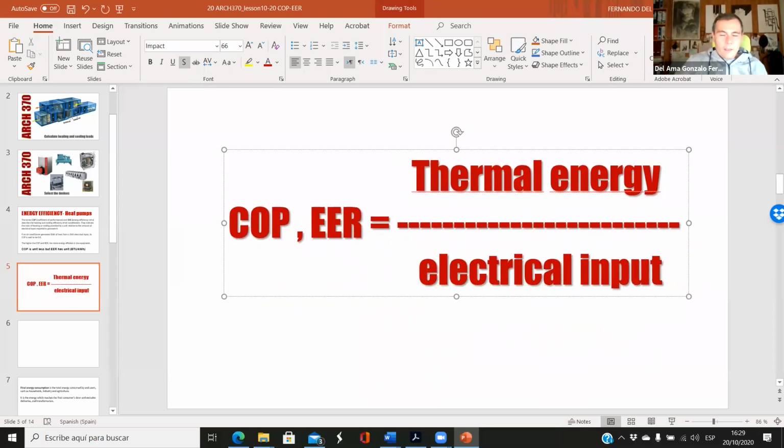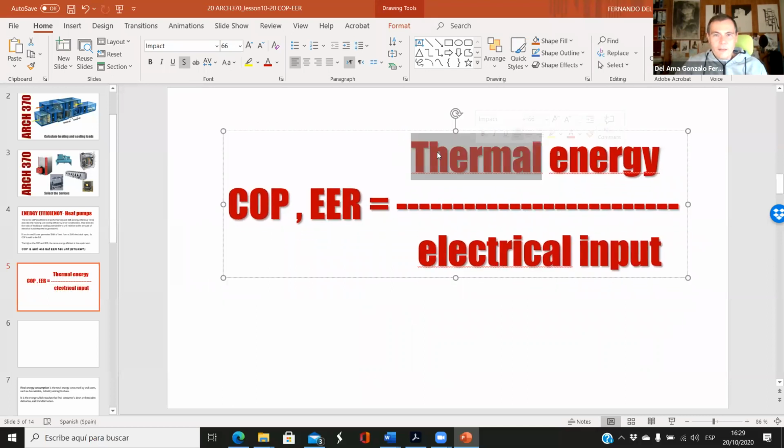That's important because this is the thermal energy that we're using. This is our heating or cooling load. So this is what we have calculated so far.